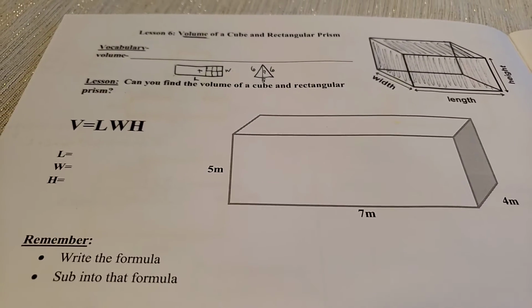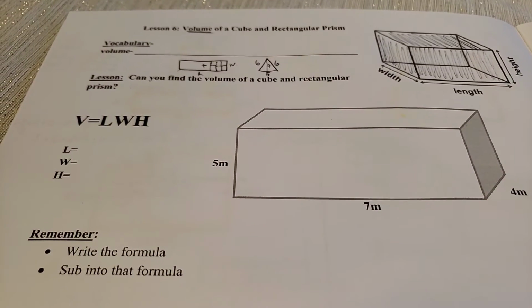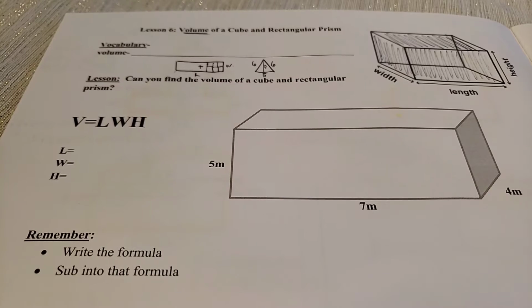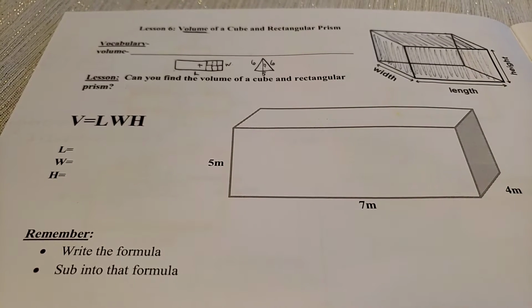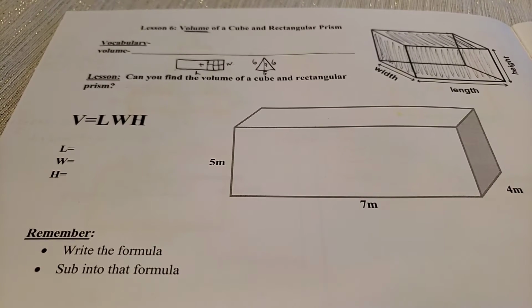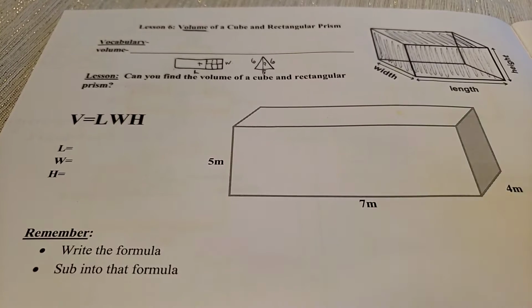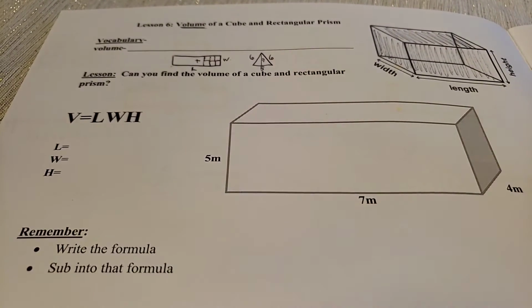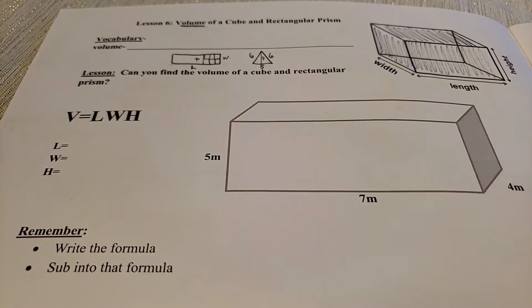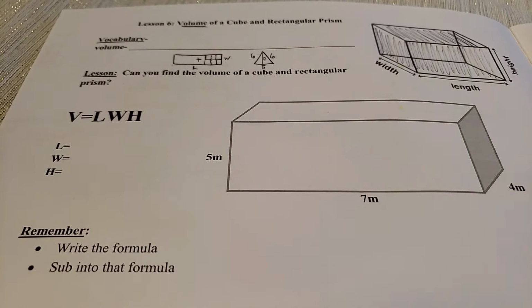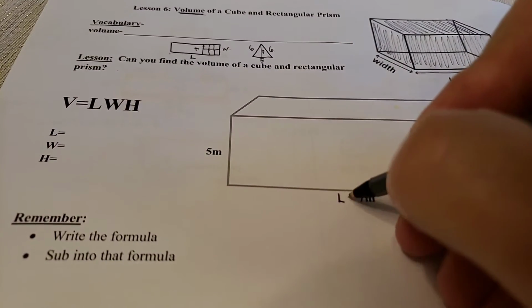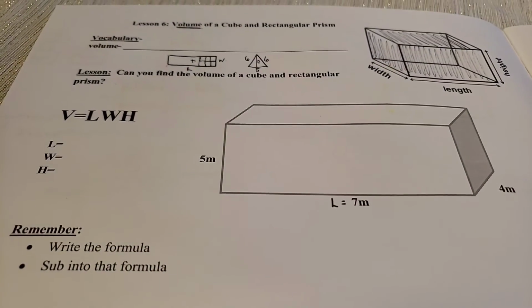The easiest way I find, and a lot of people say, oh, you just multiply the 3 numbers together. Well, yes and no. One of the things I need you to know is I need you to tell me which is the length, the width, and the height. Because multiplication is commutative, I don't care what order you put them in, but you've got to tell me which number is which. So I usually say the length is that long side.